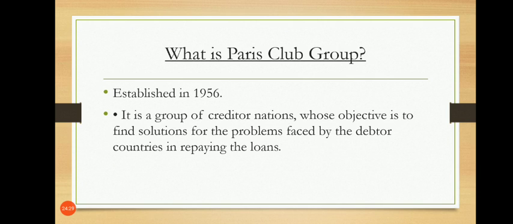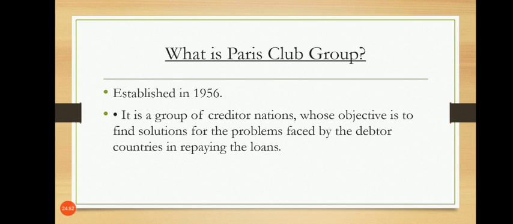It was established in 1956. It is a group of creditor nations, the nations which are already rich. They have stable economies, and thus they are able to give loans to the poor countries. Its objective is to find solutions to the problems faced by debtor countries in repaying loans.